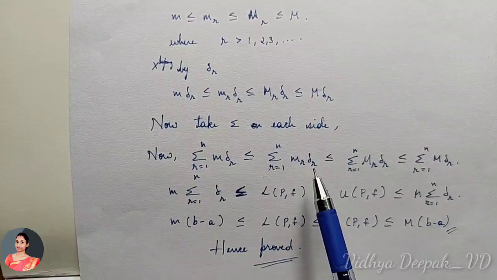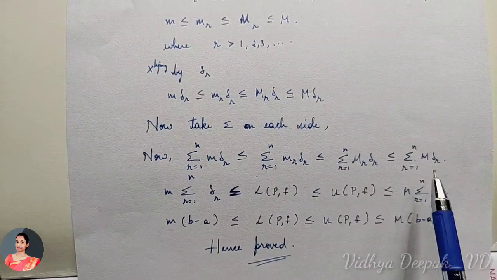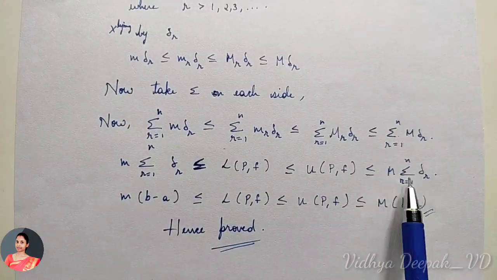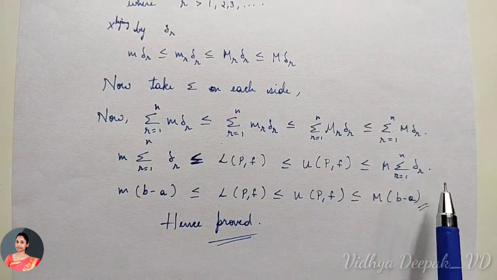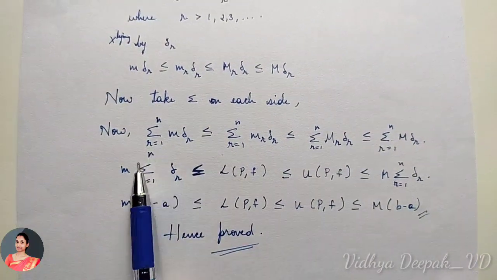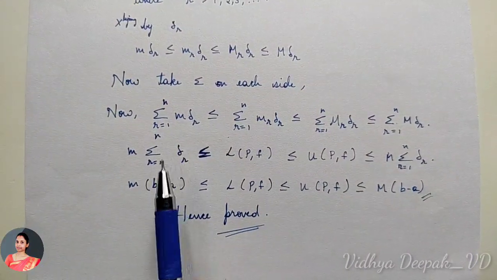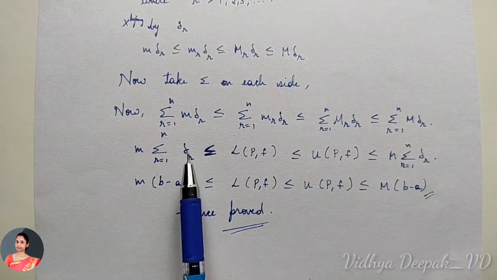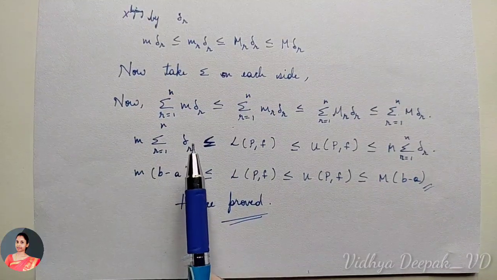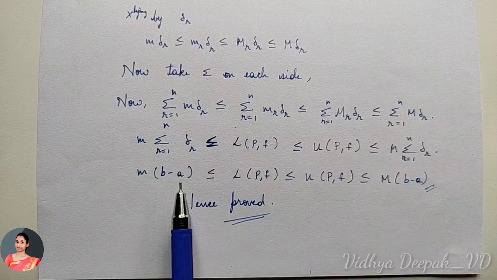If you check properly, this is the lower Riemann sum, this is the upper Riemann sum, and we are taking m outside, sigma r equal to 1 to n delta r. So here m into this is nothing but the length of the interval. What is the length of this interval? We have taken the closed interval [a, b], so we take it as b minus a.